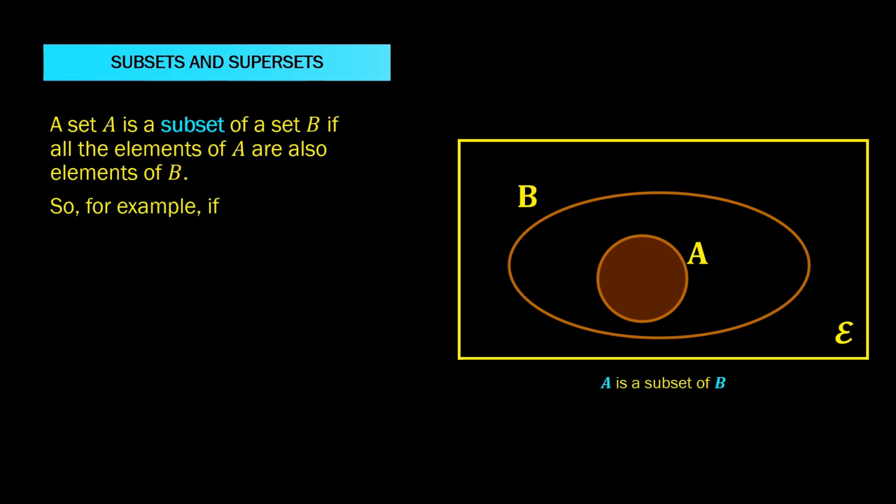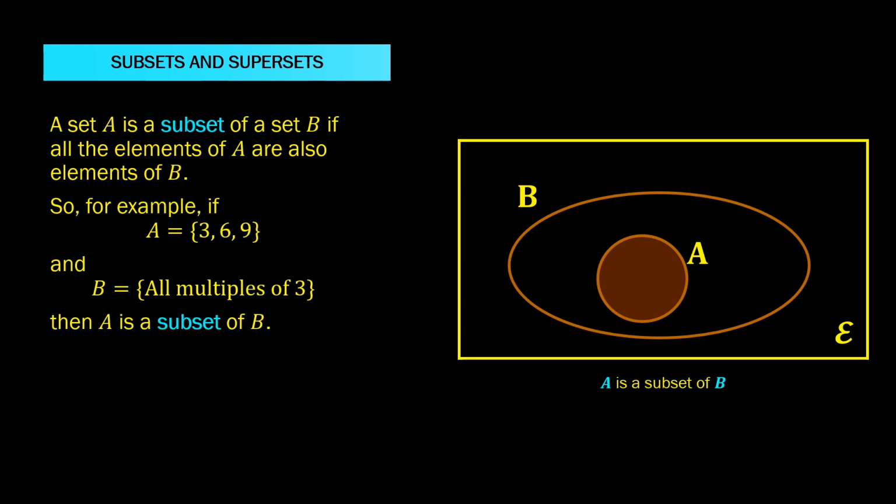Another example is if A equals 3, 6, 9 and B equals all multiples of 3, then A is a subset of B, since 3, 6, 9 are also multiples of 3. In notation, we would write this as A is contained in B if X is a member of A implies X is a member of B.